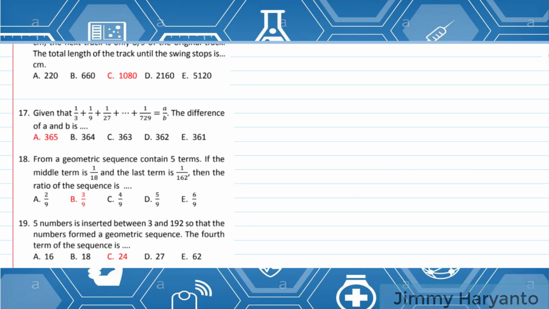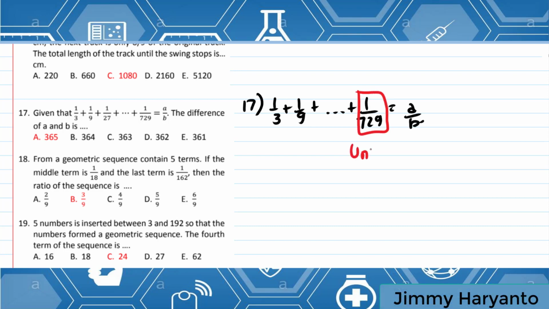Next is 17. We have this sequence, or maybe I can say it's a series, equals to a/b. First I have to find the value of n for this Un equals 1/729.